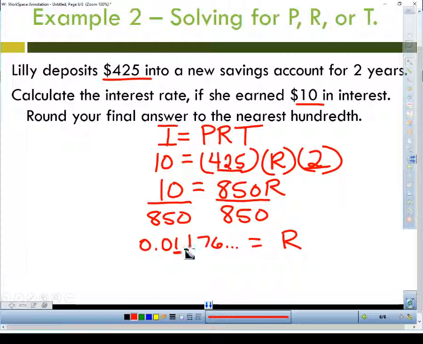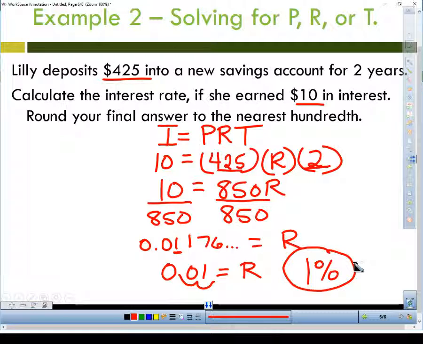I look behind it, that's a 1, so it's going to be 0.01 equals R. But remember, if you solve for R, you have to move the decimal 2 places to the right to make it a percent. So the answer would be 1%. That's not a very good interest rate. She didn't make a lot of money.